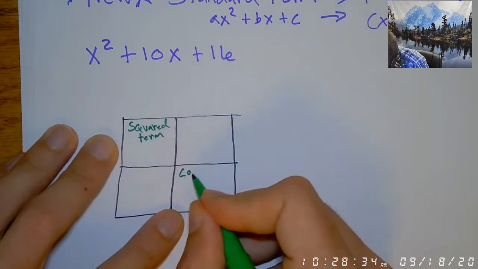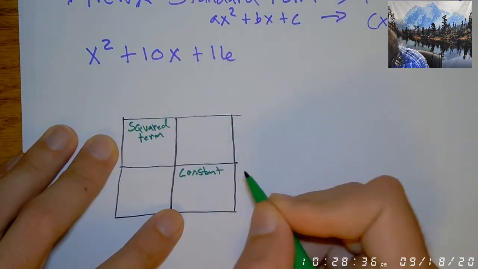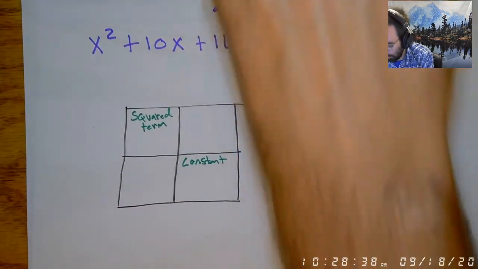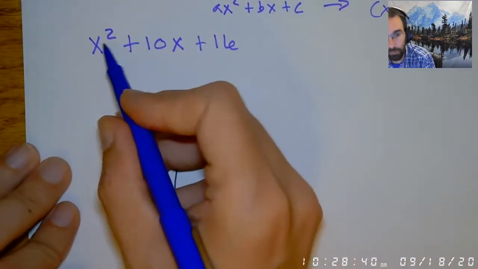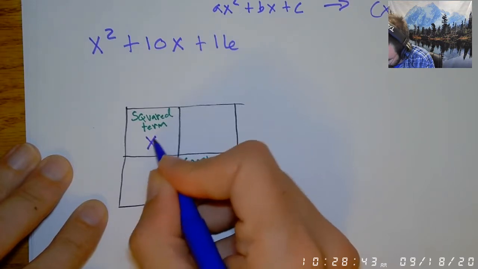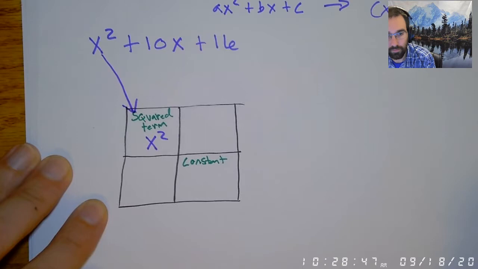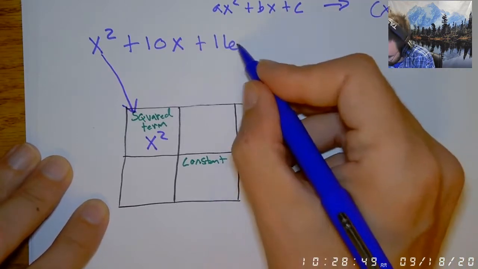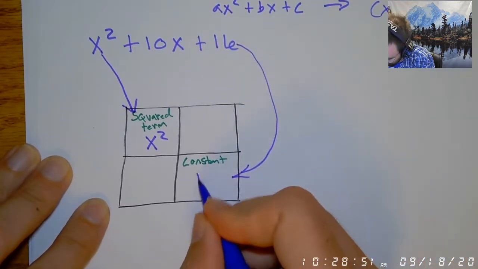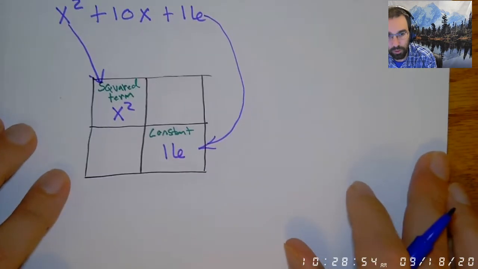This is my constant. Okay? So my squared term in here is x squared. Okay? My constant is 16. So that's step 1.